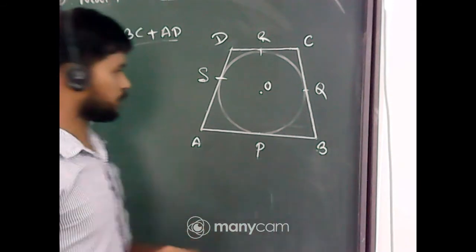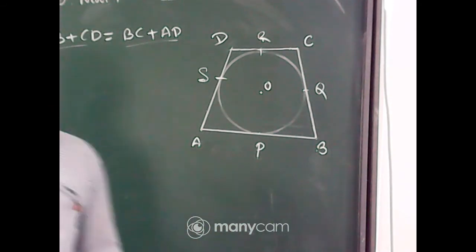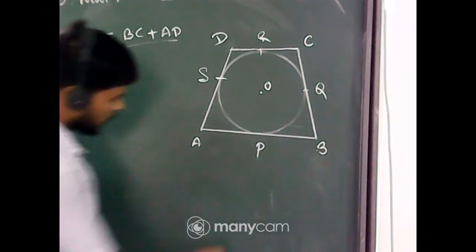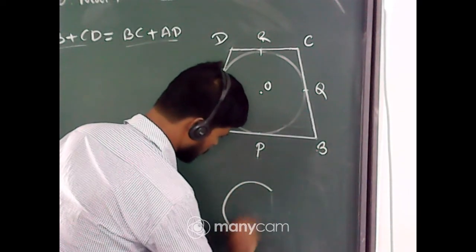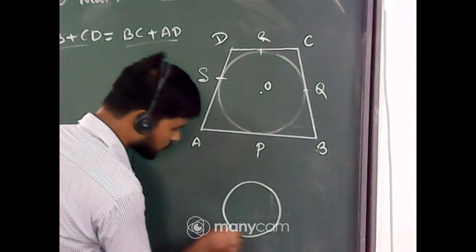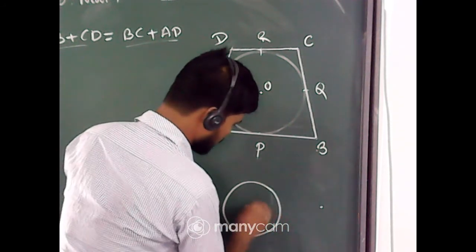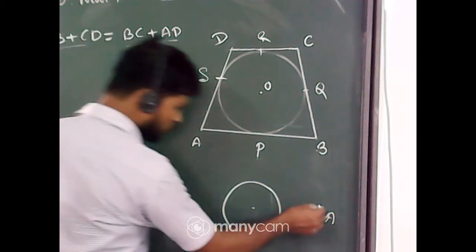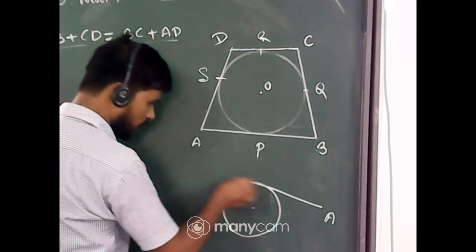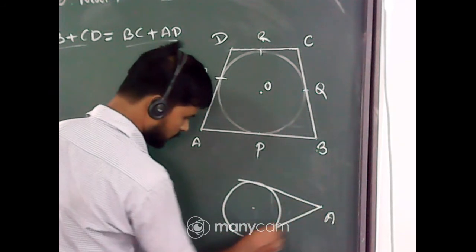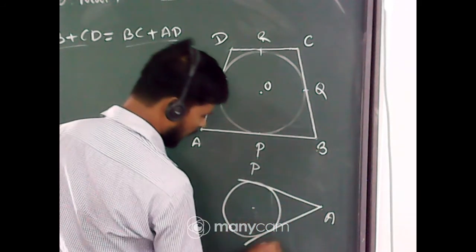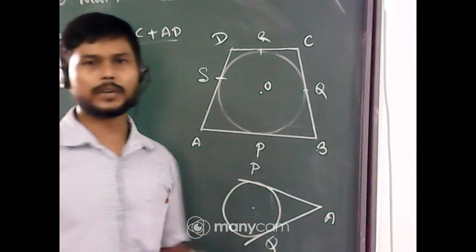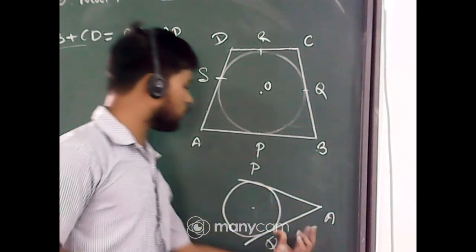Okay. Now, to prove this, we have to apply a theorem. What was the theorem? Let this be a circle and let A be any point outside the circle. If I draw two tangents from the point A to the circle, let one be AP and one be AQ, then the lengths of these two tangents will be equal to each other, meaning AP will be equal to AQ.